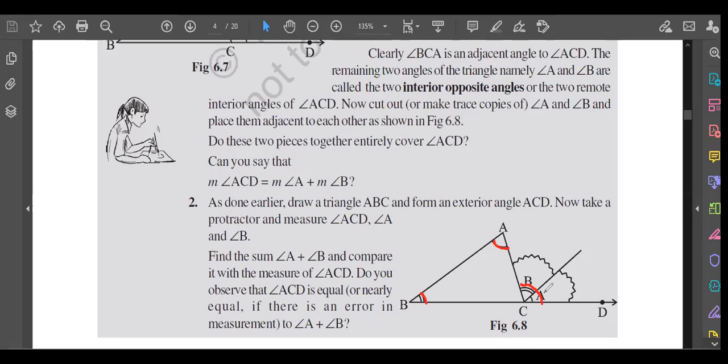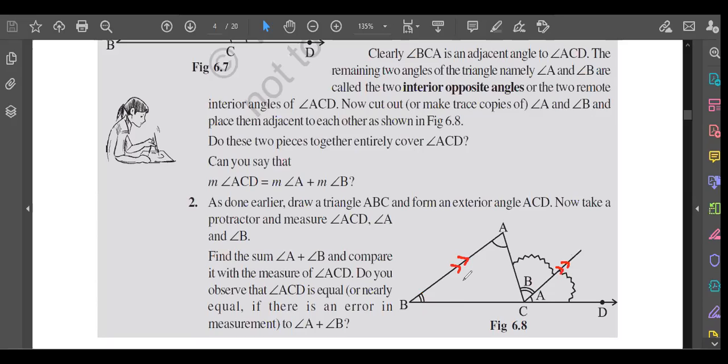Ready to prove? Now see how to prove that this angle is equal to this angle plus this angle. We have already studied this, but how to prove this? So there's a construction. From C, draw a line parallel to AB. From C, draw this line. This line is parallel to this AB. Got it, everyone?